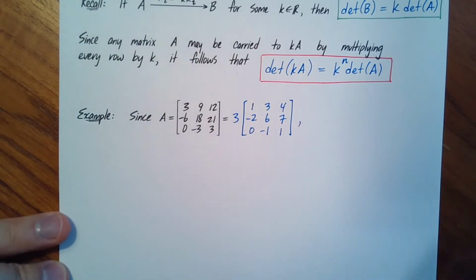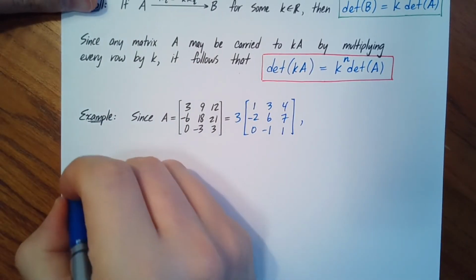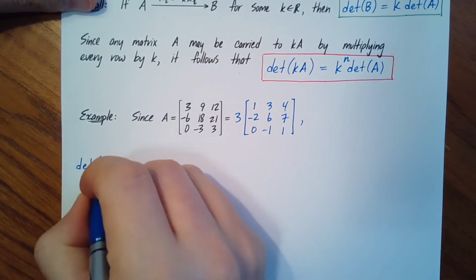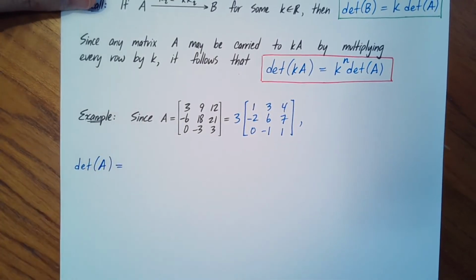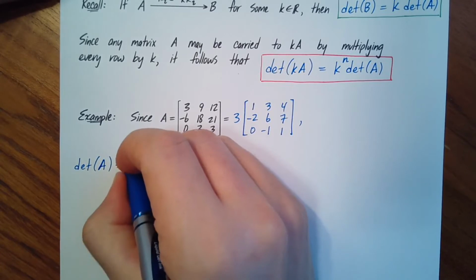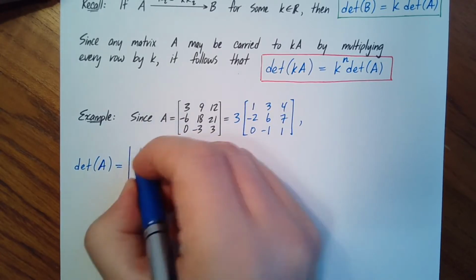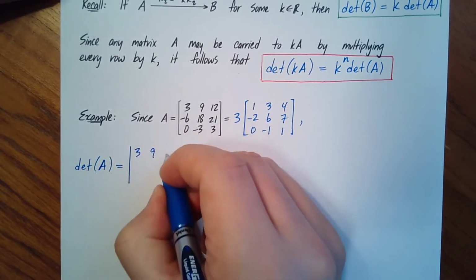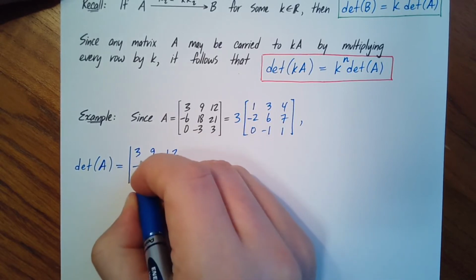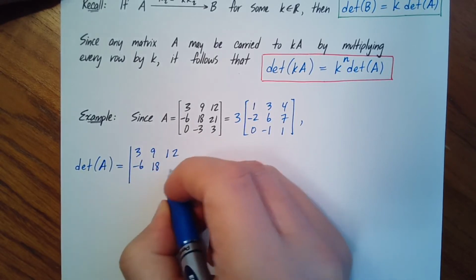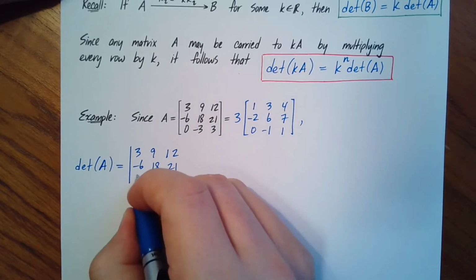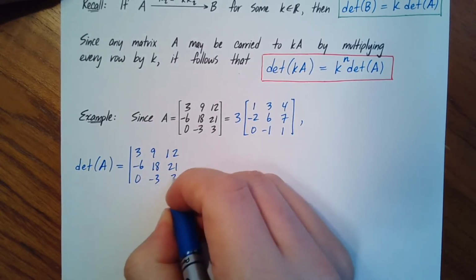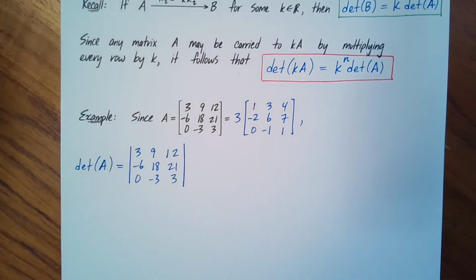And since that's the case, well, then I can do the following. I can write the determinant of the matrix A. Well, if I just take a moment to change notation, this is the determinant of 3, 9, 12, negative 6, 18, 21, and 0, negative 3, 3. I'm just changing notation and writing it out as a 3 by 3 determinant.